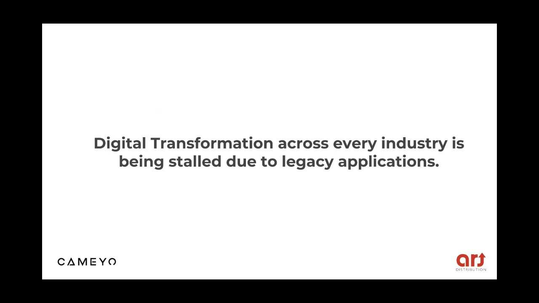It's legacy, and you can't do anything with it, and you really need it. This is where Cameyo has a really huge place in this digital transformation process and can really help you.